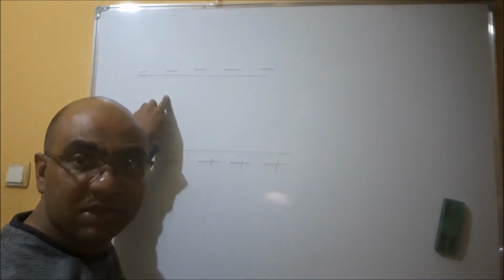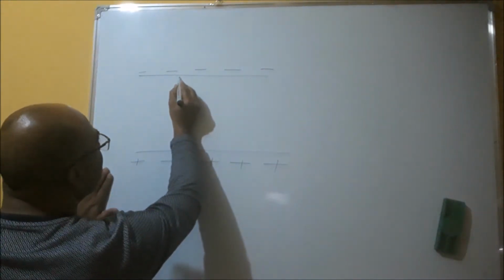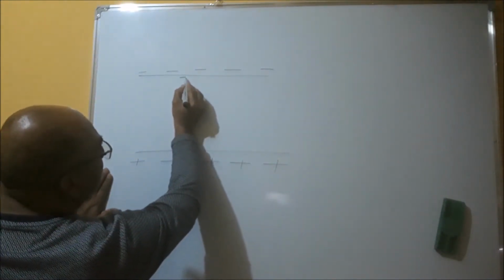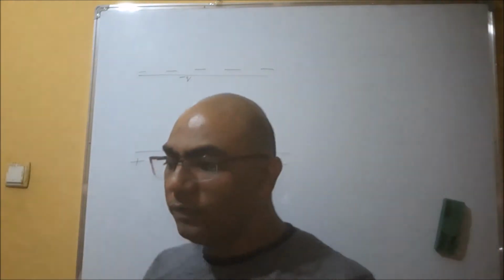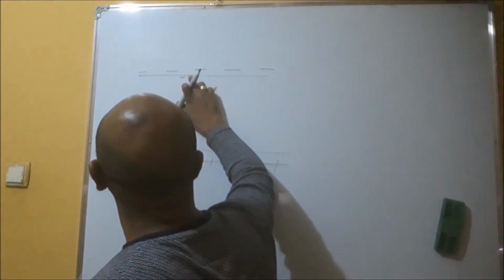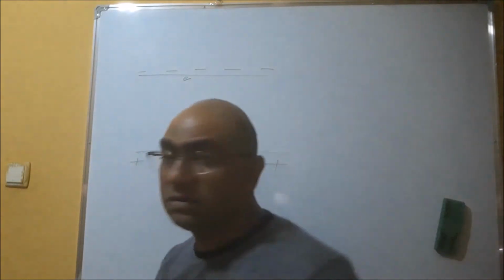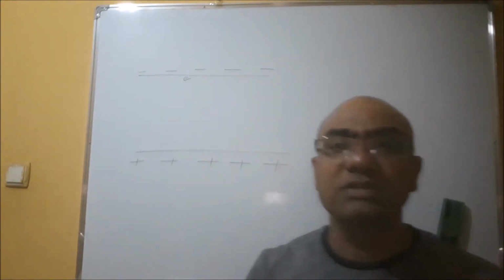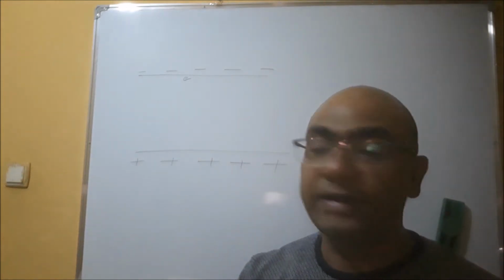This is negatively charged, this is positively charged, and I have a negatively charged particle near this plate. Suppose minus q, or we can say electron. So the electron is near this plate. Obviously the electron is a negatively charged particle, minus q type.